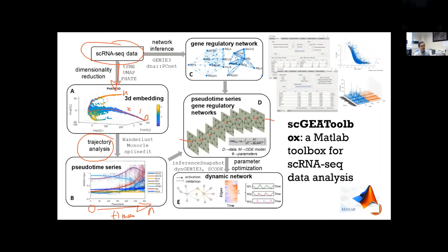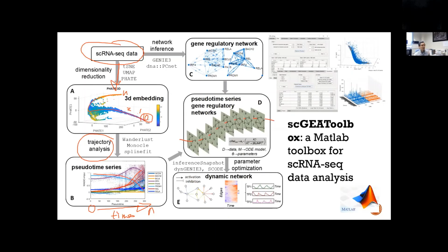And then you follow each individual gene's expression. Some genes will be lowly expressed at time 0, but highly expressed at time n, so you detect those changes. Some genes will go the opposite direction. They were highly expressed in cells at time 0, but go down at time n.